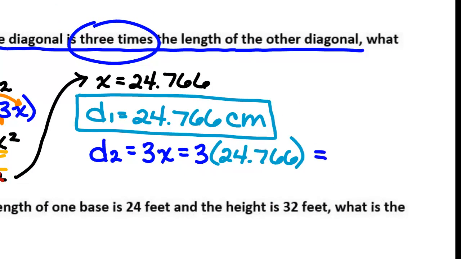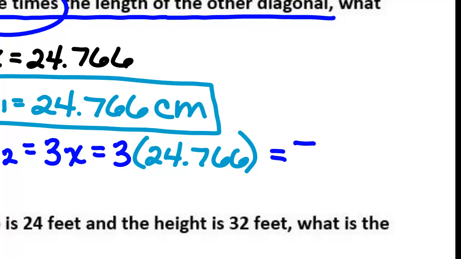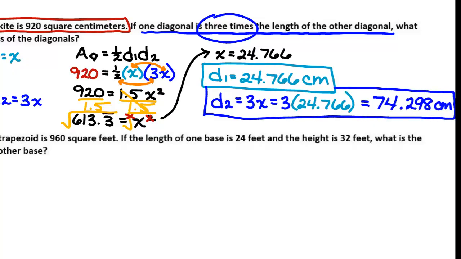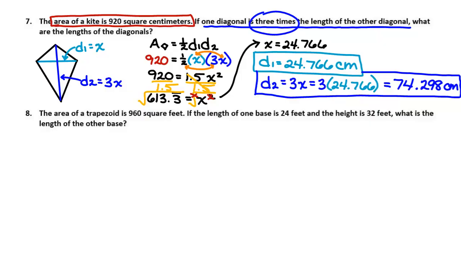What is 3 times 24.766? 74.298, yes. And we would put centimeters with that. Nicely done.